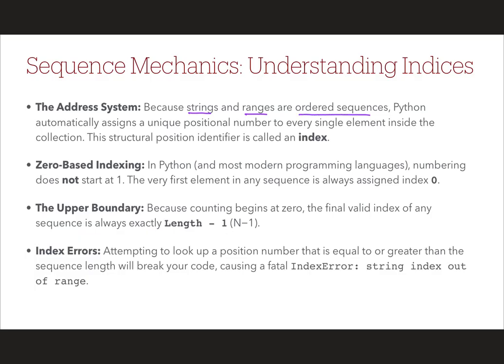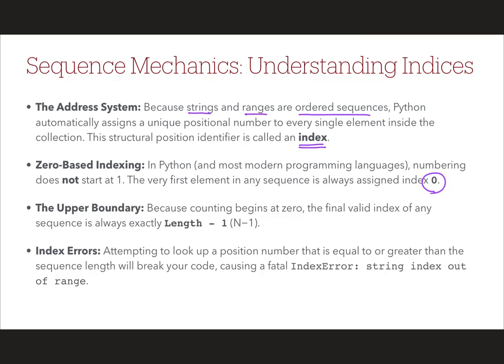If they have orders, they probably have some index numbers, some ID numbers, and Python automatically assigns a unique ID number starting from 0. That ID number is called an index in Python. So in other words, each item in an ordered sequence has an index value that starts from 0, not 1.